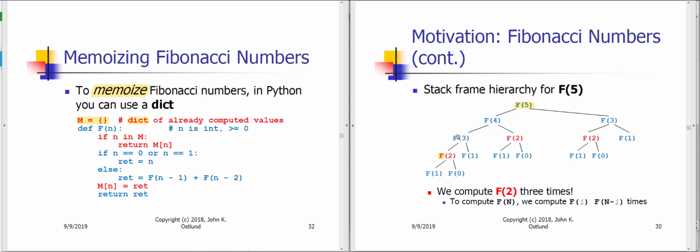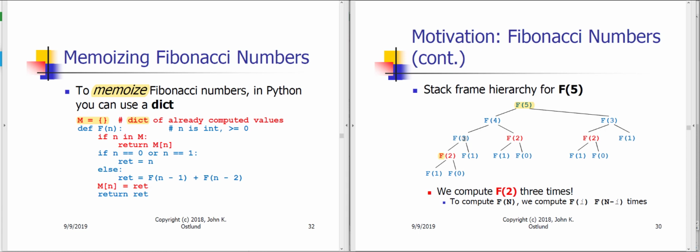We compute f of 3, f of 2, f of 1. For f of 1, we just get a number back, and we memoize what that number is. Then we need to compute f of 0. For f of 0, we just get a number back, and we memoize what that number is. F of 1 plus f of 0 gives me f of 2, which we memoize.